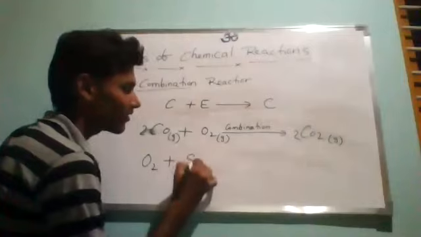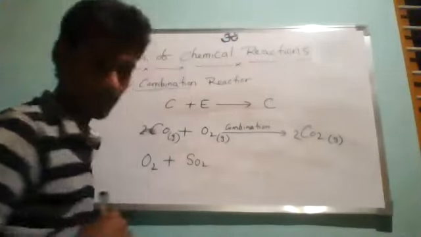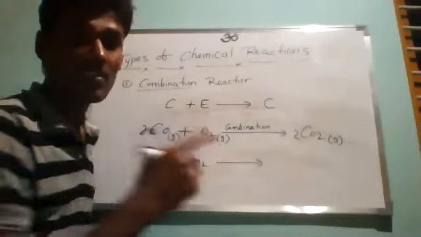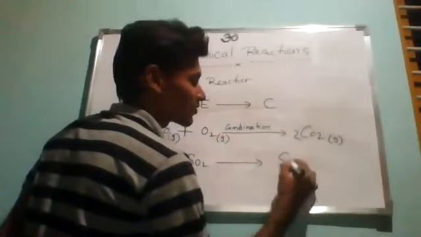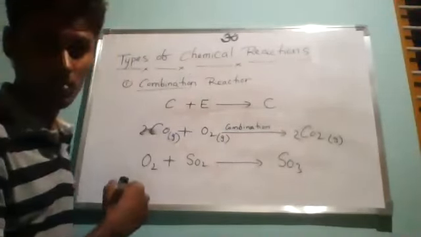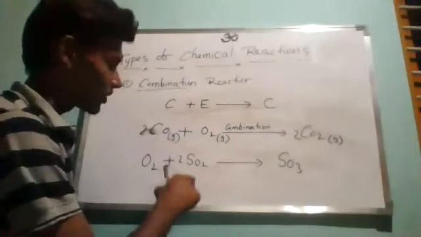One more example for compound plus element is oxygen reacting with sulfur dioxide. You remember sulfur dioxide, and they will form sulfur trioxide, SO3. Now we have to balance it: O2 plus 2SO2 gives 2SO3.